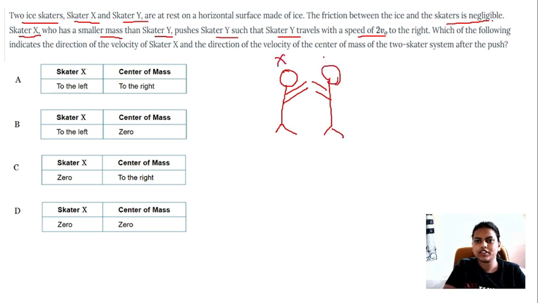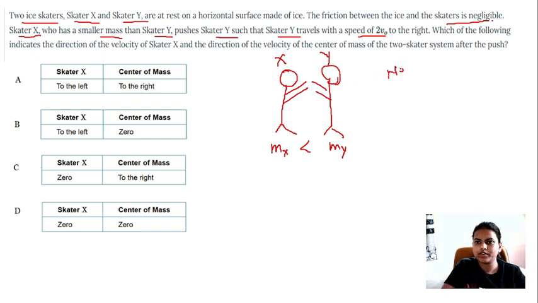Okay, so this is X, this is Y. The mass of skater X is lower than the mass of skater Y, and when they push each other, they put equal and opposite force on each other.